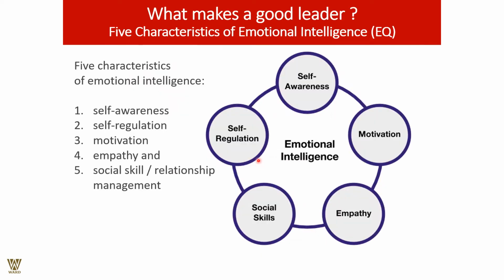So, the question remains: what does it take to become a wonderful leader? I reckon there are five characteristics: self-awareness, self-regulation, motivation, empathy, and social skill. Remember, these are all essential ingredients of emotional intelligence.